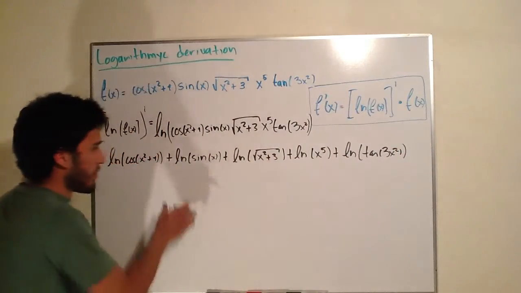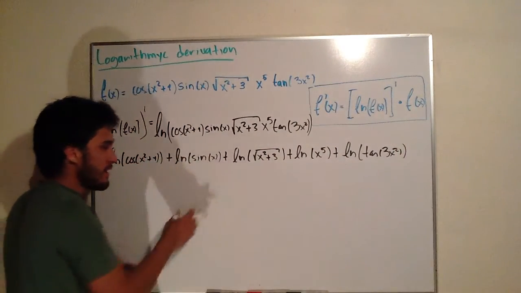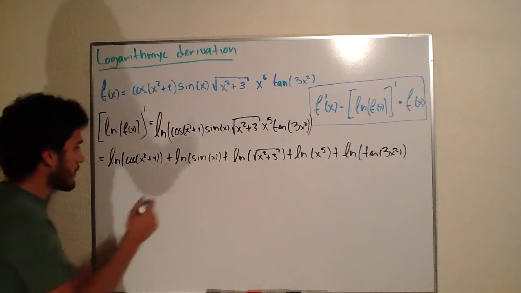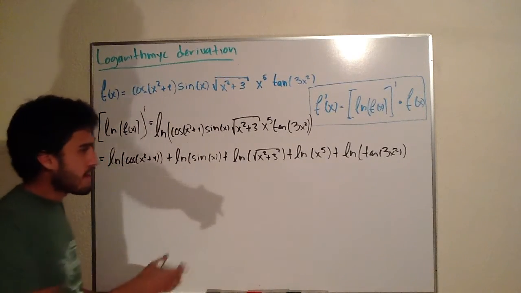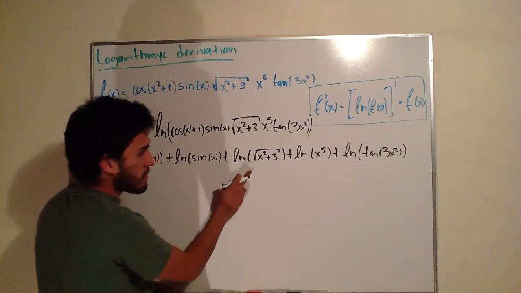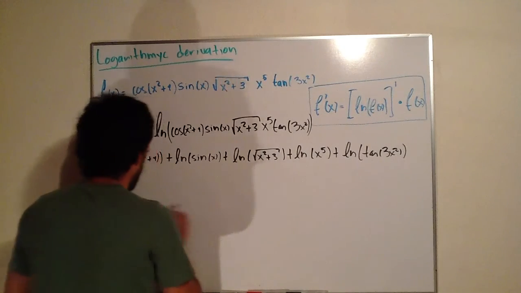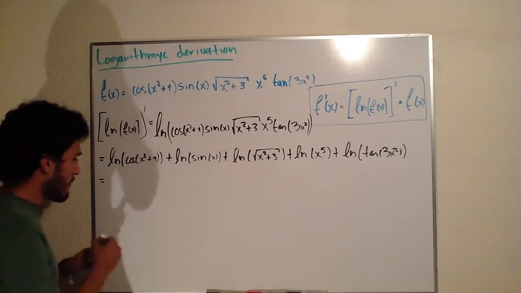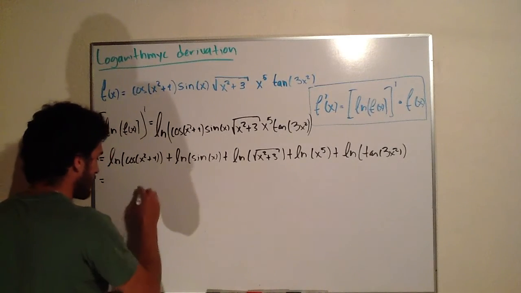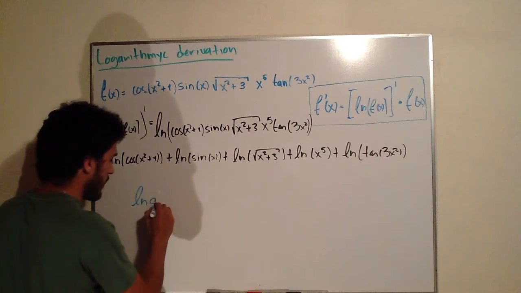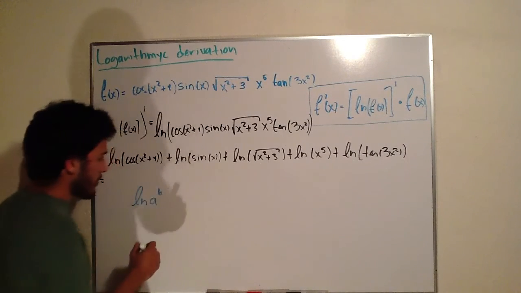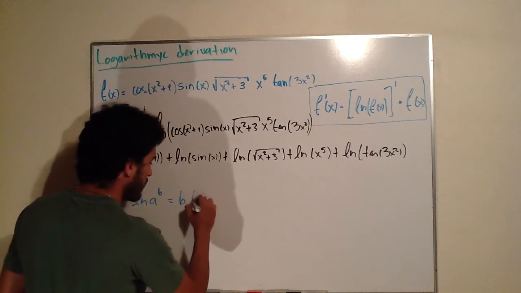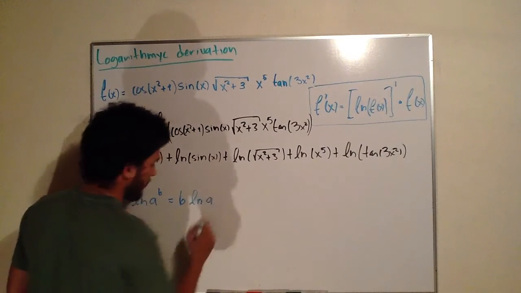Okay, so now we have applied the logarithm property. In this case, we're going to apply another logarithm property, that if we have natural logarithm of a to the power of b, it is the same as having b multiplied by natural logarithm of a.